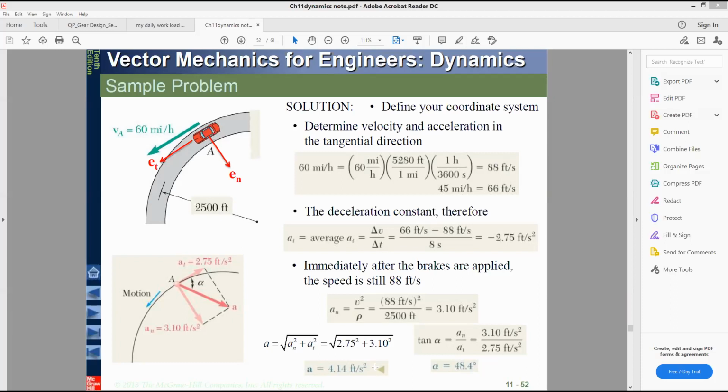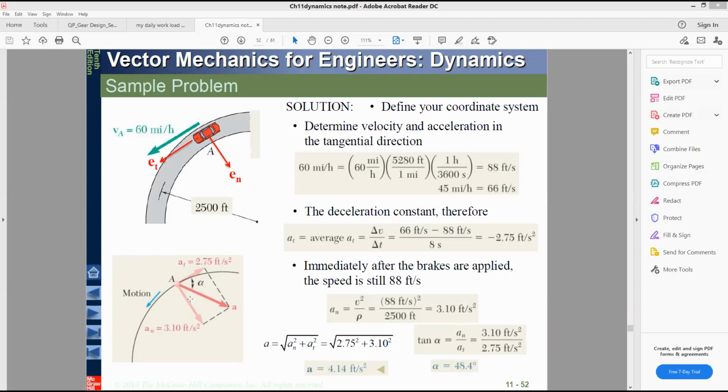Okay, now another question that has been asked: if these two components, the normal and the tangential, are there, how much angle will they create between them? That is in the simple form tan alpha, and tan alpha, you know, is normal divided by tangential. In this figure you can see this is your alpha.